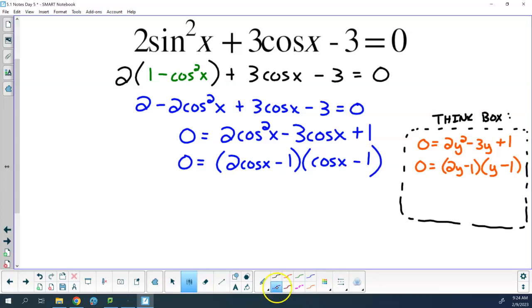Quick mental check. If I multiply these two together, I get my 2 cosine squared. If I multiply these two together, I get negative 2 cosines. If I multiply these two together, I get negative cosines. Negative cosines plus negative 2 cosines gives me negative 3 cosines.